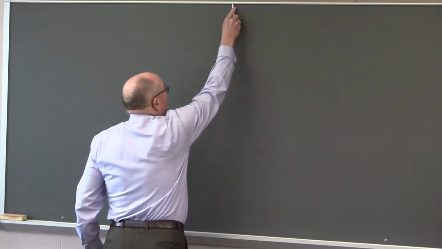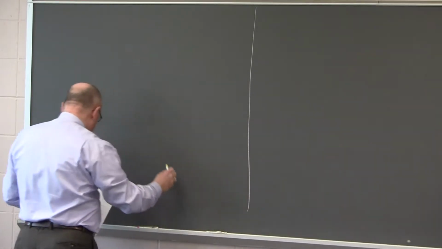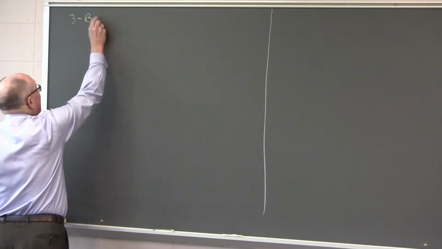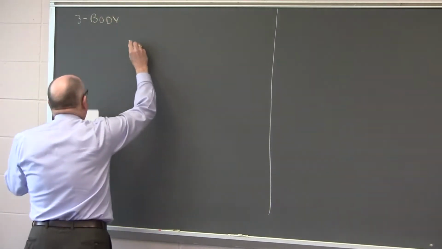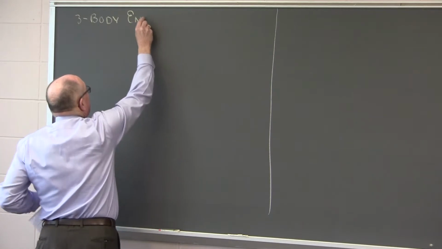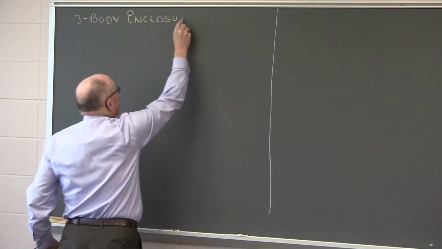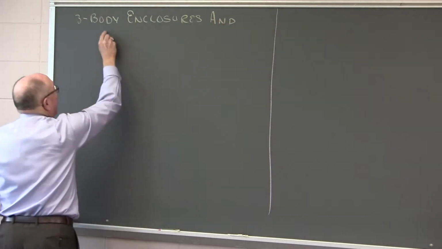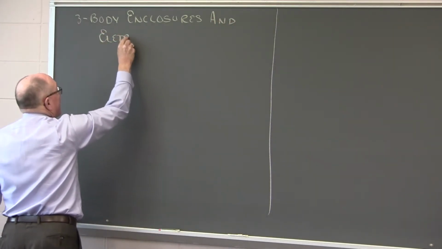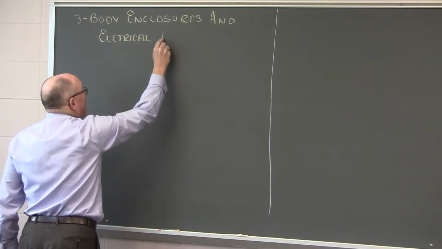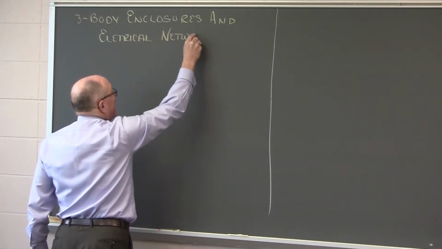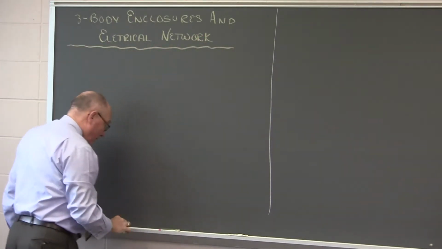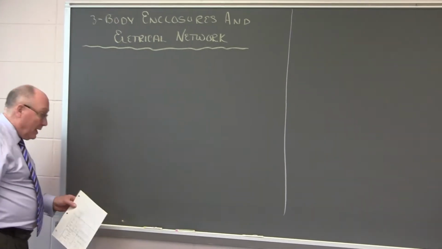Let's begin by looking at some examples of three-body enclosures and their electrical networks. There are several different types of three-body enclosures.